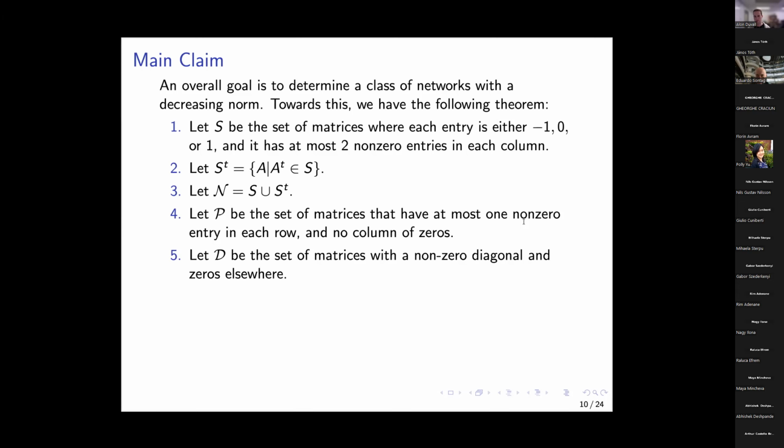D will be diagonal matrices with non-zero real entries. This matrix P essentially refers to sometimes species always show up together, and we can treat them as one species. And D is essentially saying you multiply a reversible network by like 2, you get the same class of dynamics.